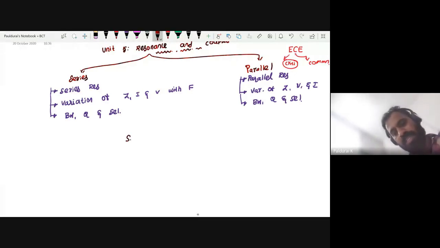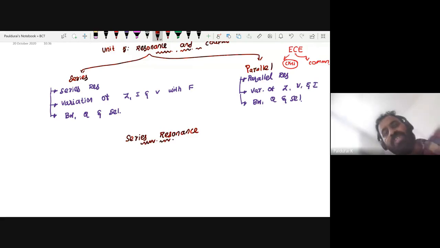Let me put the heading: series resonance. What is resonance? Any idea? Now take this resistance R, the current I, the voltage V. My question: what is the phase relation between voltage and current here?